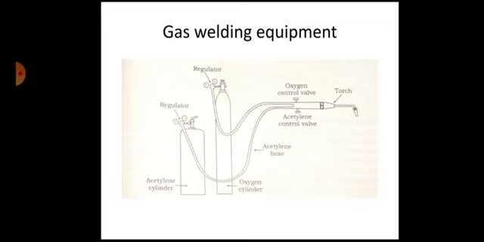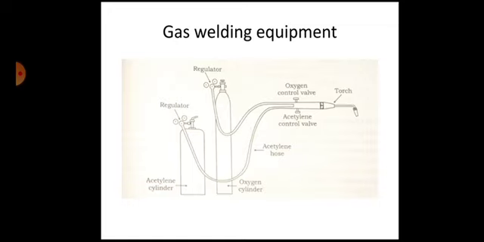Okay, you can see the various components in a gas welding equipment. There are two cylinders: one is an acetylene cylinder, and another one is an oxygen cylinder. Both these cylinders have regulators, and there is a welding torch.